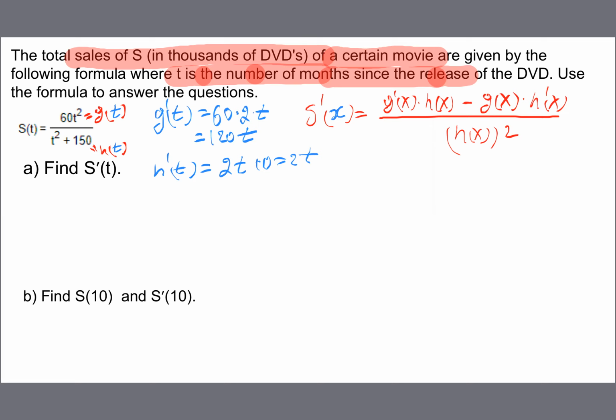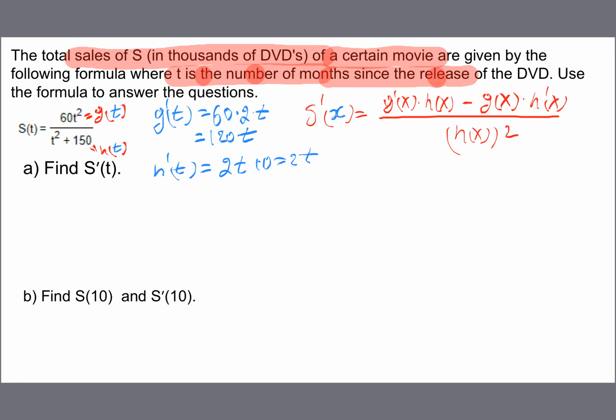The number of months since the release is t, even if I put x on s prime of x, whatever we call the variable doesn't matter. So let's go back to having s for our sales and t for the number of months.